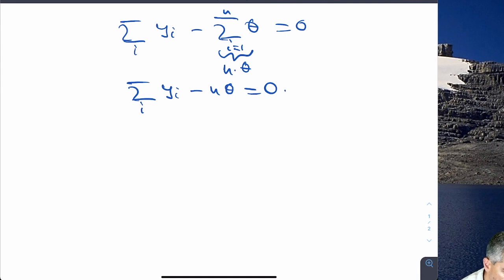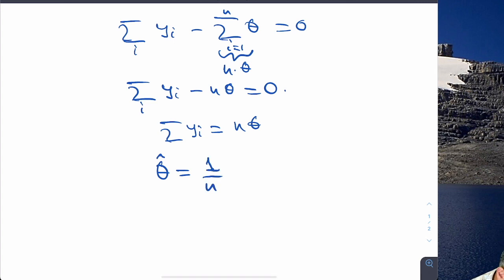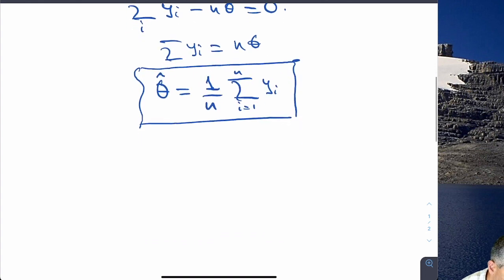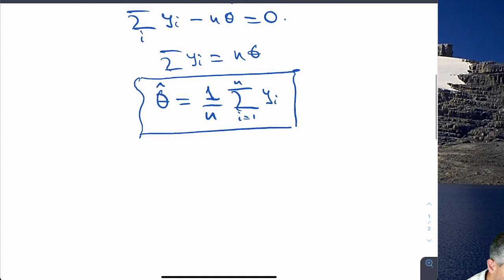And from here we can see by moving this to the right that n theta is equal to the sum of y sub i, or, and I'm just going to flip it for notational convenience, that theta, the special value of theta where this happens, is equal to 1 over n times the sum for i from 1 to n of the y sub i's.